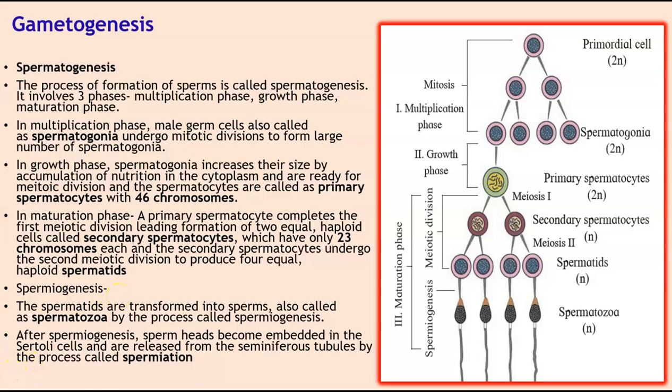Then these spermatids that are formed are non-motile and non-functional. They get transformed into functional spermatozoa by a process called spermiogenesis.